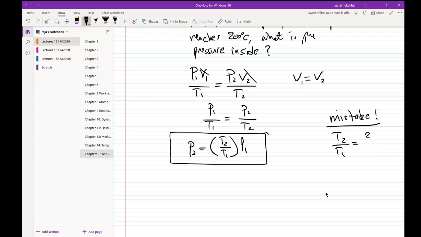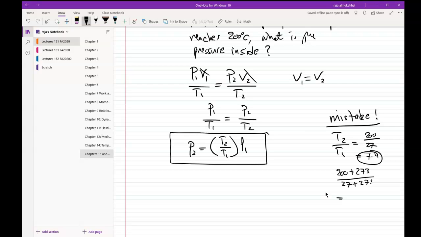If I have T2, which is 200, and the other one is 27, when I calculate that, remember this is wrong, okay? So it's going to be 200 divided by 27. Answer, you get 7.4, right? Now, when I convert it into Kelvin, which means 200 plus 273 divided by 27 plus 273, you're not going to get that ratio here.